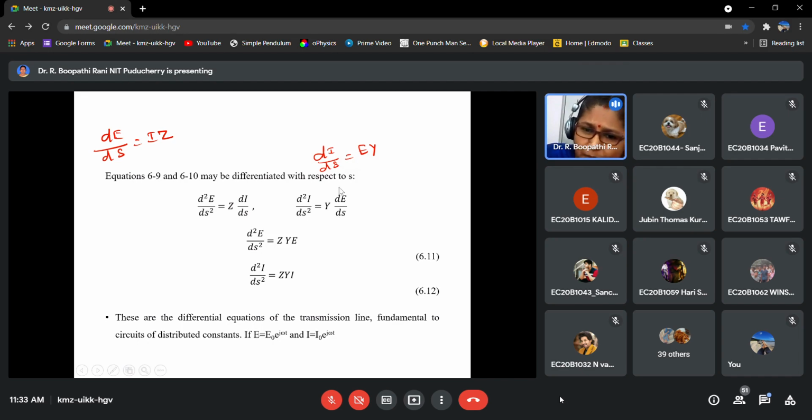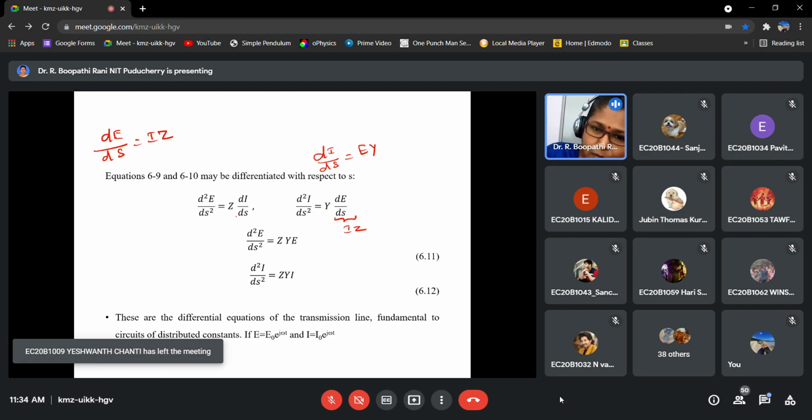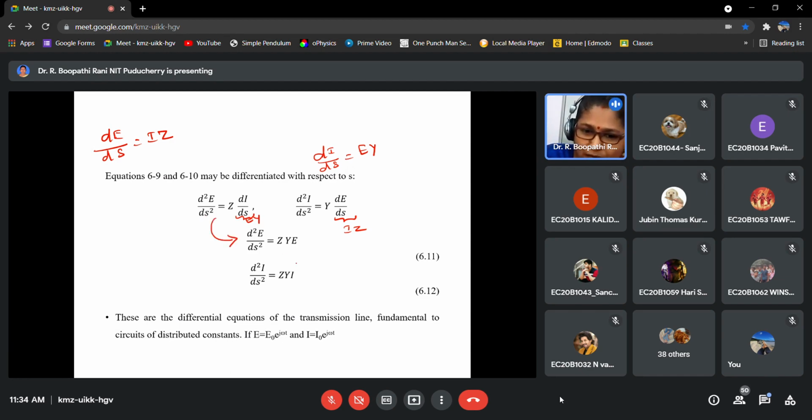We know dE by ds is Iz, and di by ds is Ey. Substituting these, we get d squared E by ds squared equal to Zye, and d squared I by ds squared equal to Zyi.